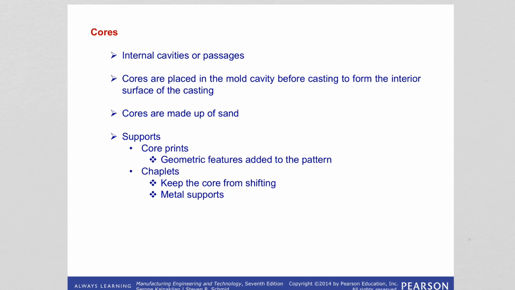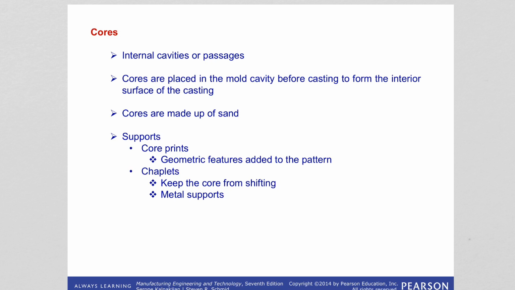Like molds, the cores also must possess strength, permeability, collapsibility, and the ability to withstand heat. And they are made of sand aggregates.